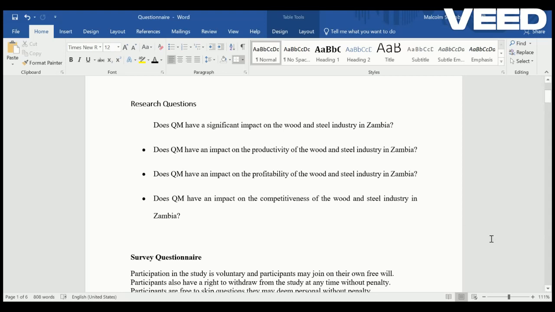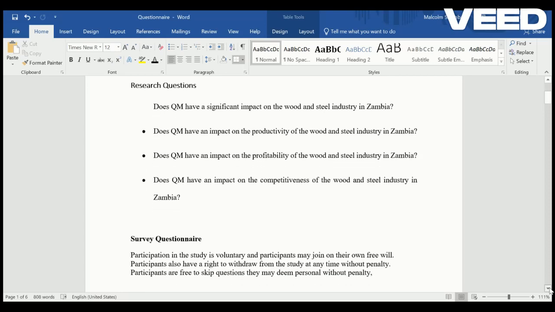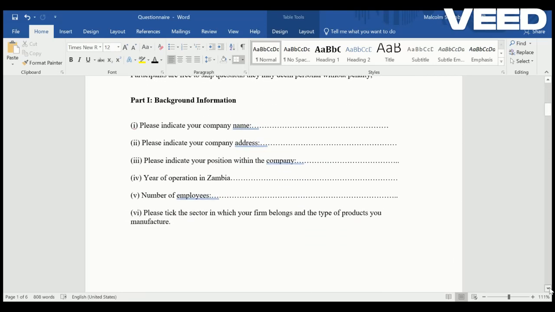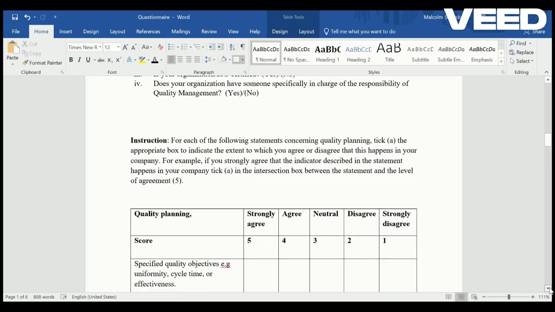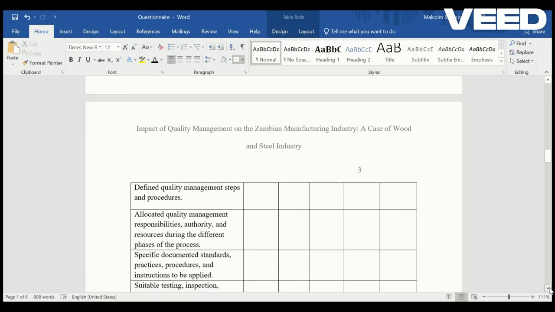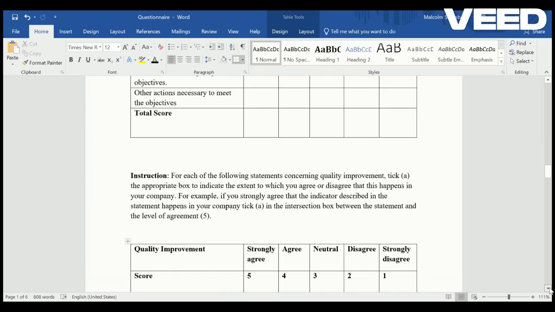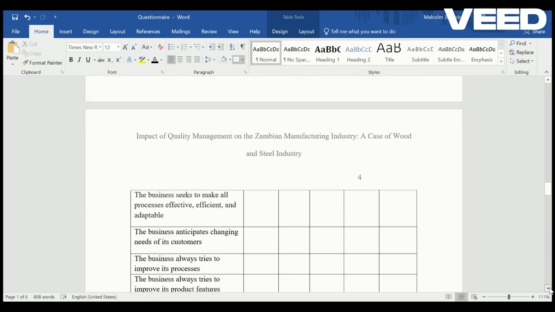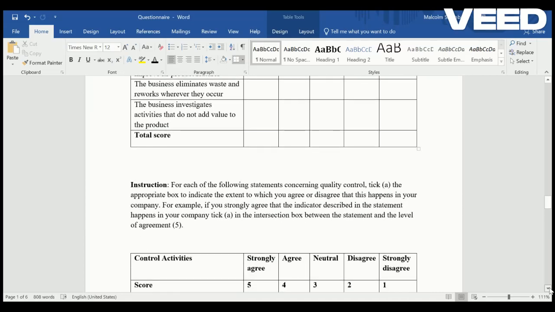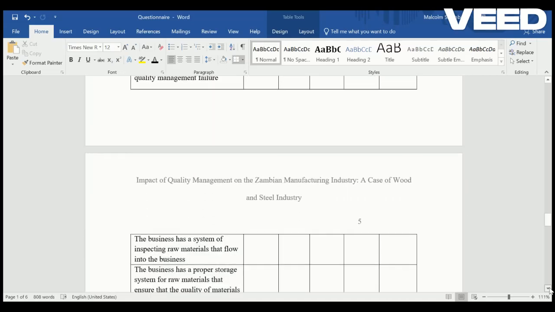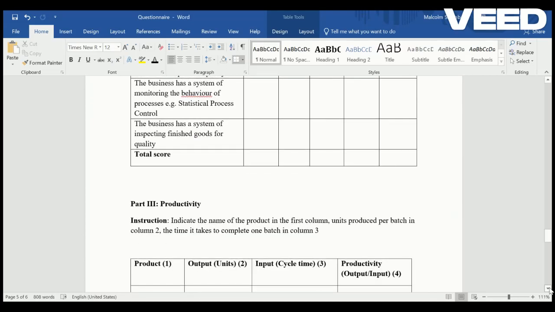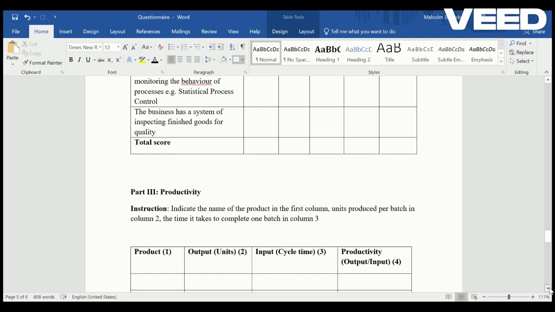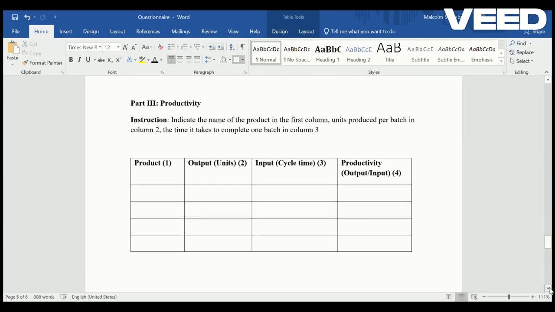The specific question also has a breakdown of questions. It can't have one response. I'm going back to part 3. There we have part 3. It gives the instruction on how a person is supposed to respond on part 3.